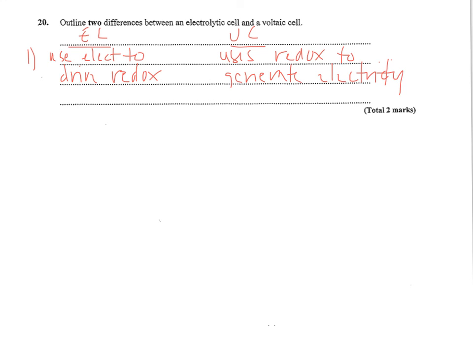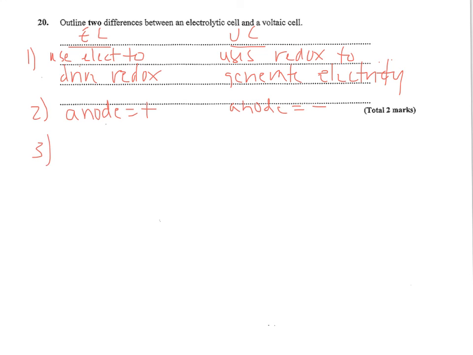Second difference is that in a voltaic cell, the anode is the negative end, but in an electrolytic cell, the anode is the positive electrode.